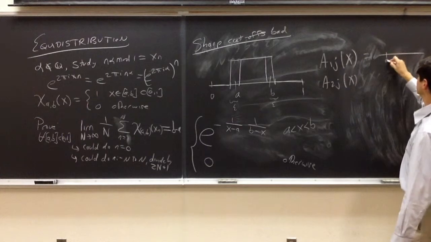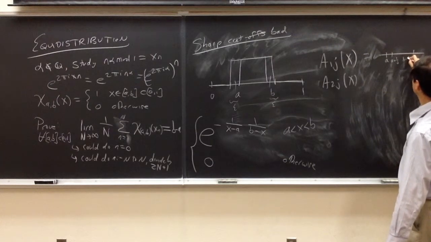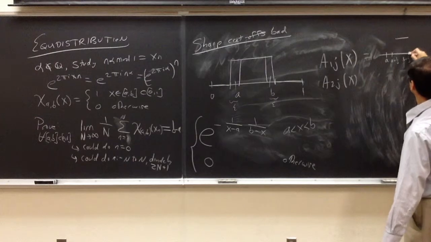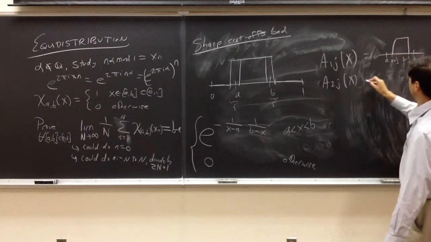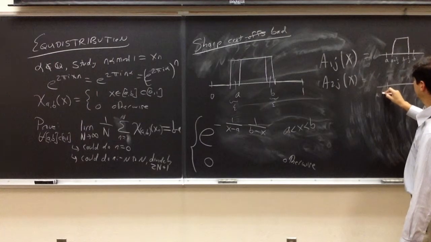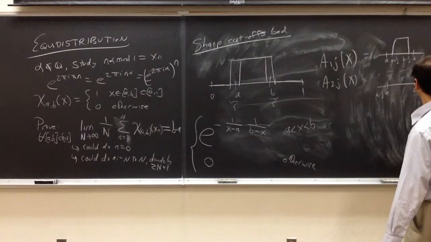Here's a, here's b, here's a plus 1 over j, here's b minus 1 over j. And then the other one is here's a minus 1 over j, here's b plus 1 over j.